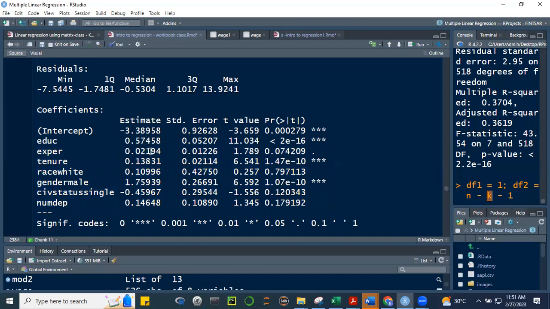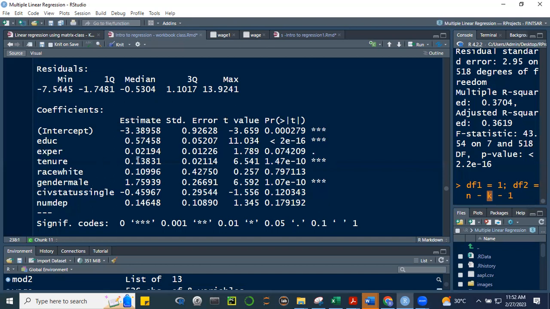Okay, how about experience? Assume experience is statistically significant at the level of significance, at 5%. This means that for every 1 year increase in experience, there's a corresponding 2 centavos, or $0.02 increase in hourly wage, ceteris paribus. All right, next.